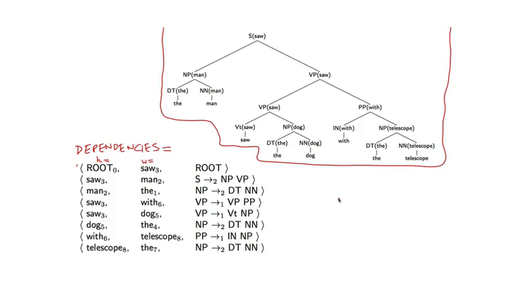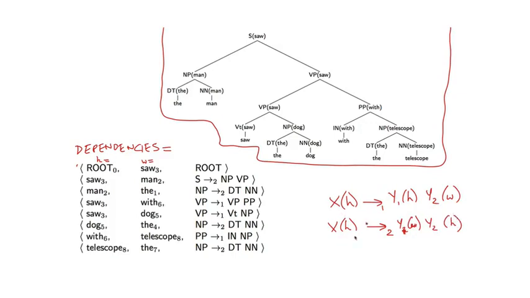Remember, our rules in this grammar are going to take the following form. X(H) goes to Y1(H) Y2(W), or X(H) goes to Y1(W) Y2(H).